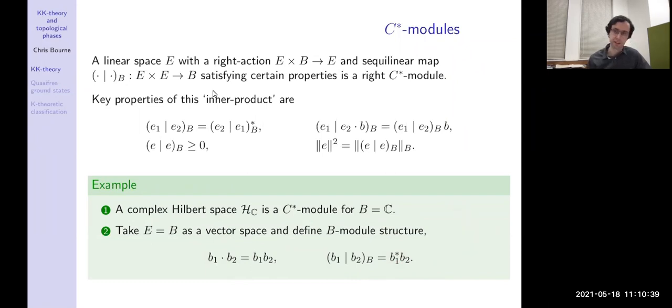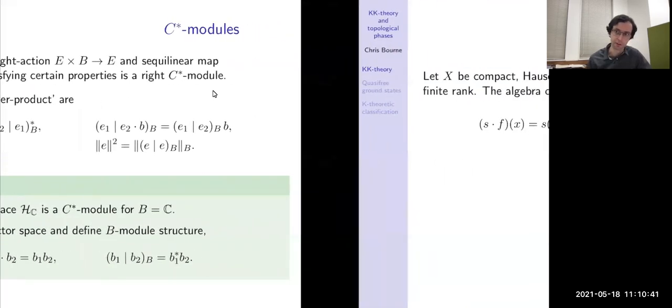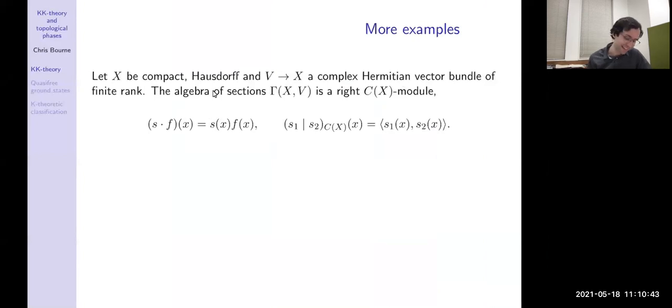These are two very simple examples. I have more, so let's continue. Maybe one that is more familiar to people is to take a compact Hausdorff space X with a complex Hermitian vector bundle with finite rank. And then you can look at the algebra of sections, maps from the base to the fiber.